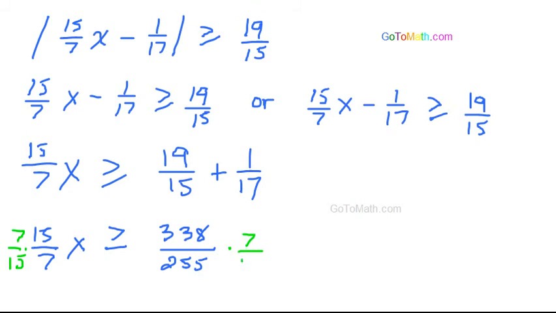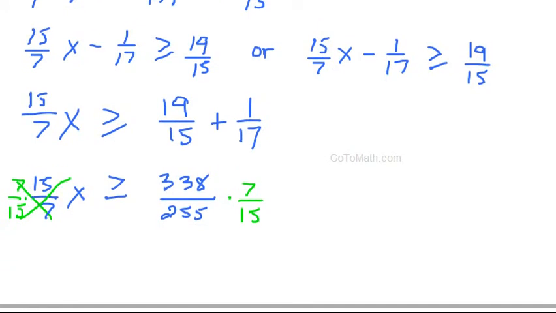And that means we got to do the same thing to this side over here, so those guys will cancel out. I will give you a hint on that. Aren't I nice? X is greater than or equal to... So we're going to multiply that by 7 over 15, and hopefully something cancels out.